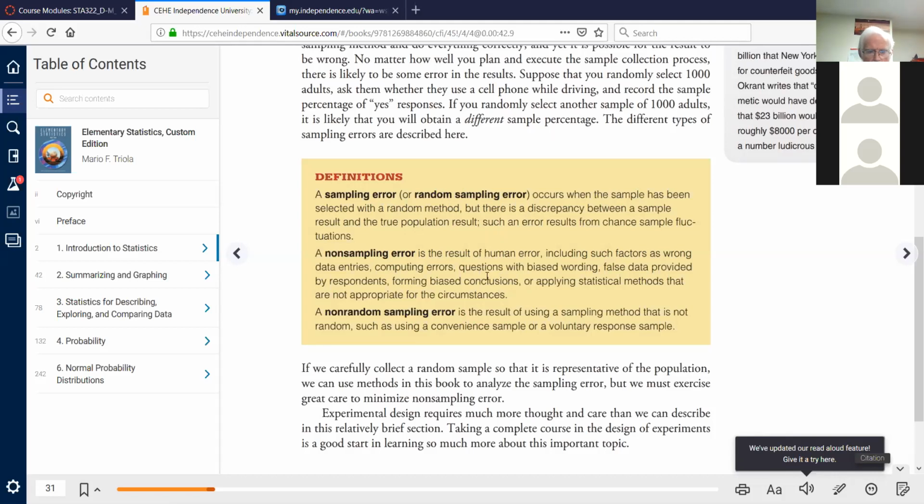Human error, wrong data entries, computer errors, et cetera, biased wording, false data. This is why we try to make sure that our data is verifiable. And then we have biased conclusions or using statistical methods that aren't appropriate.